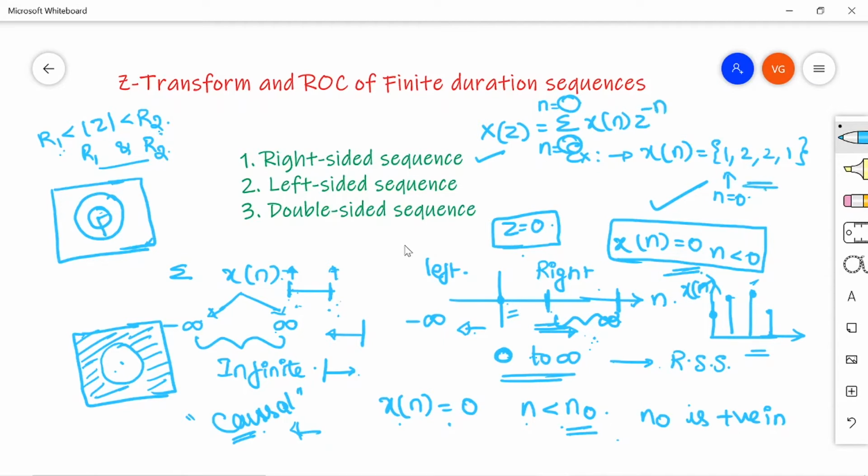If you are talking about this signal, the signal range is 0, 1, 2, 3, right? Lower limit is 0 and upper limit is 3. So that can be defined as sum over n is equal to 0 to 3 of x of n, z to the power minus n. This is your X of z, right? So like this it can be defined. So this is all about right-sided sequence.